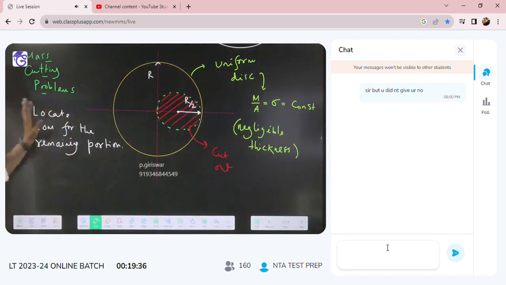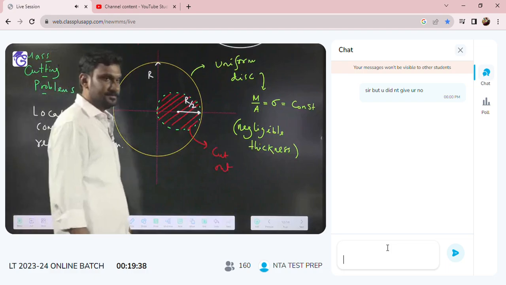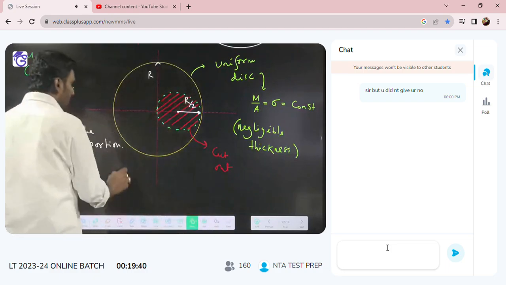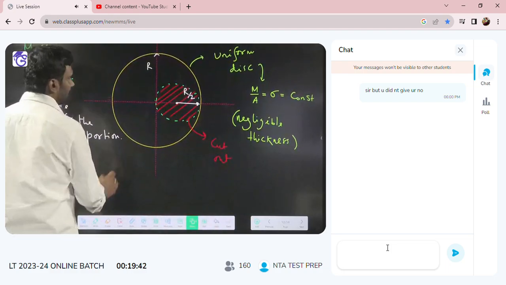So, locate the center of mass for the remaining portion. Fine? Chalo. So now let us write the formula. What is the formula here? That is important.